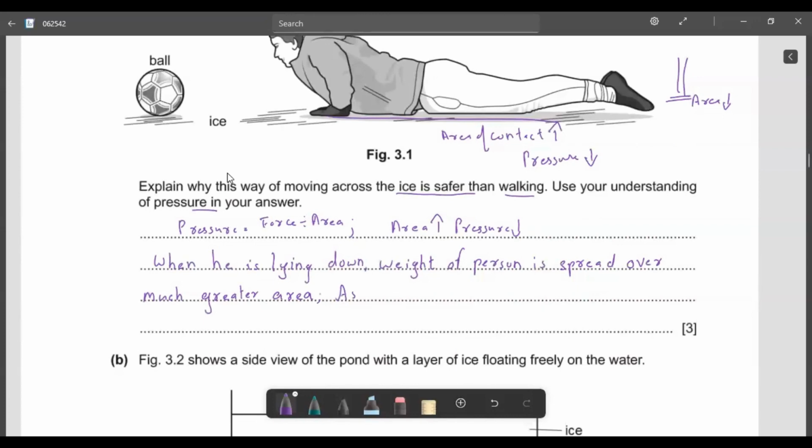And as area increases, pressure decreases. Pressure will be low. And the ice is less likely to crack.